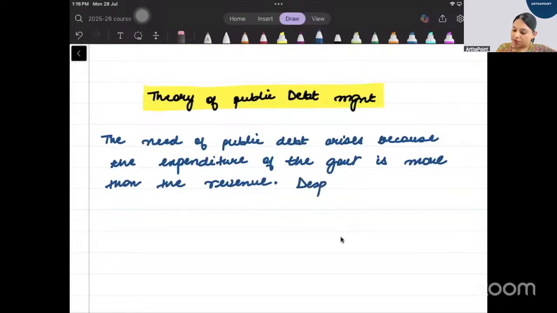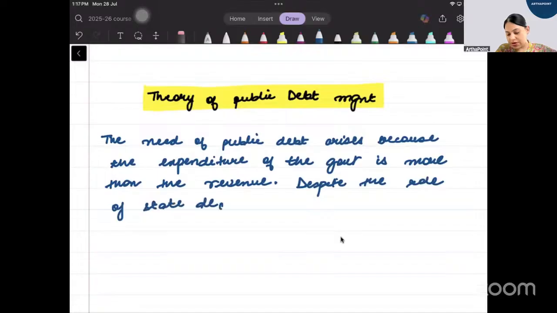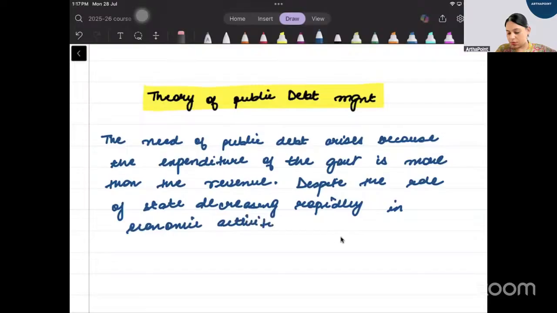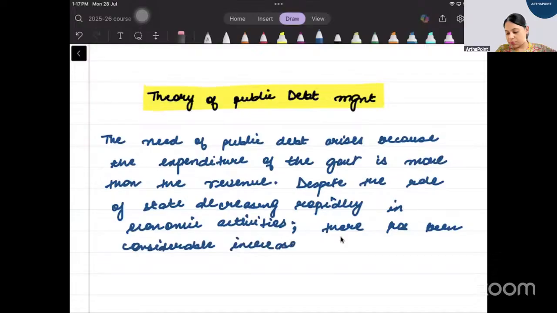Despite the role of the state decreasing rapidly in economic activities, there has been a considerable increase in expenditure.